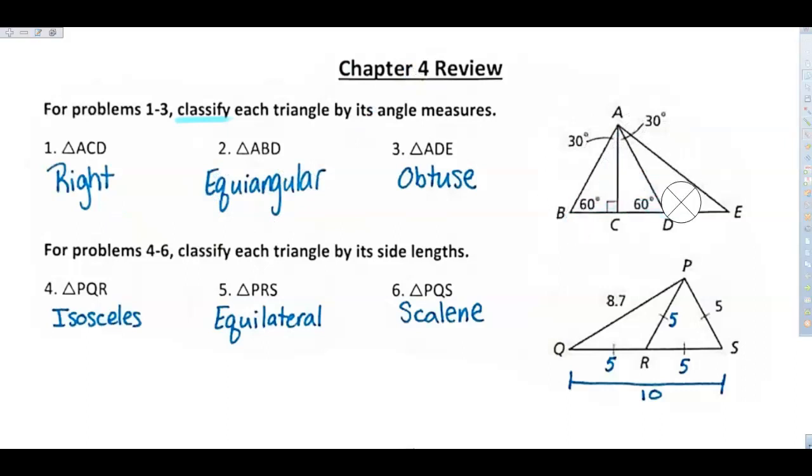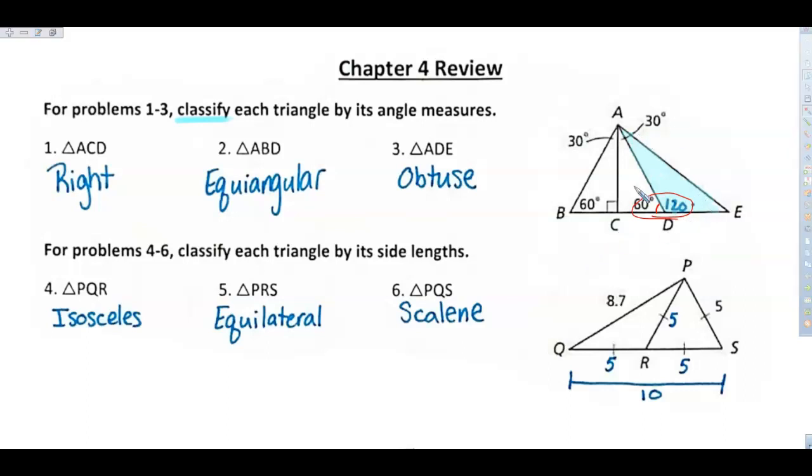All right, the last triangle we're going to look at is triangle ADE, which is this triangle right here. All right, so what we look at here is I know that if this angle is 60, these two angles right here are going to make a straight line, which means they are a linear pair and they add to 180.